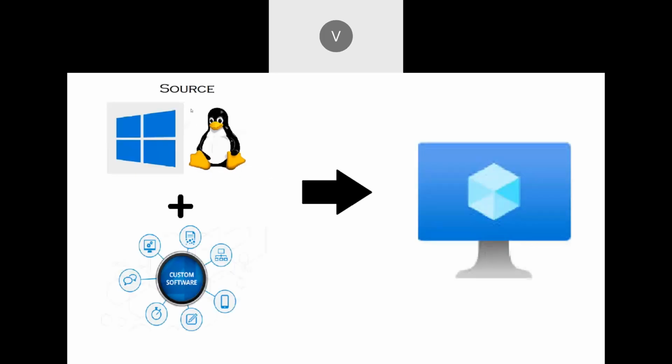When you create your virtual machine, you take the base image from either a Windows or a Linux machine, and on that you make some customizations like installing the software you need, and then you build a custom image out of it, or an image which you can use in a shared gallery.